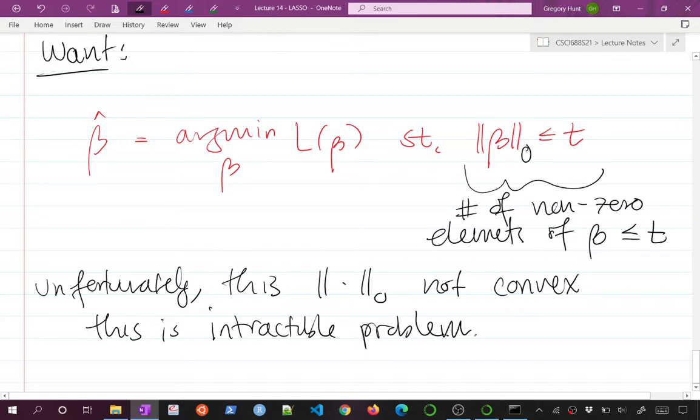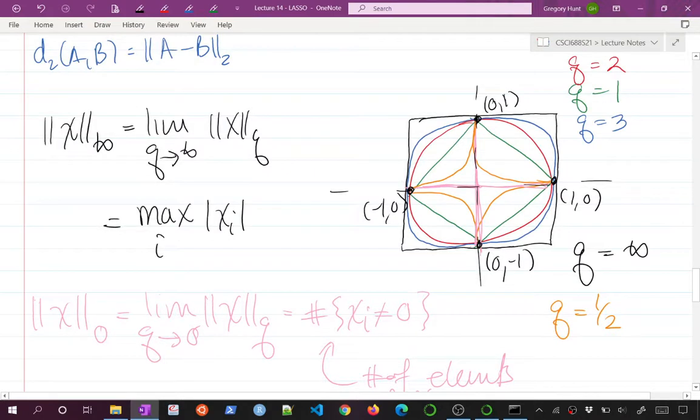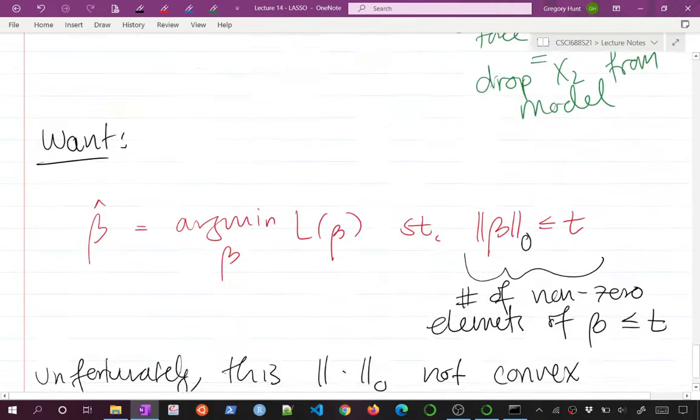Notice that when I get to q less than 1, we go from this nice convex rhombus to this weird orange-shaped non-convex shape, and in the limit when you go to the 0 norm, it just totally degrades. For actually solving the optimization problem, which is to minimize that loss, that's not a good property. That's going to make it really, really hard to work with. We like convex optimization problems. Those are the easy optimization problems to deal with.